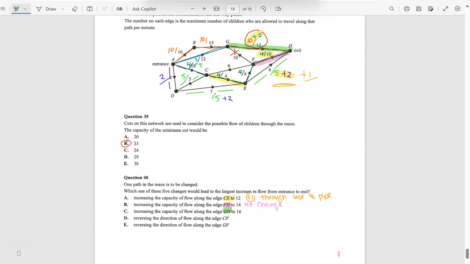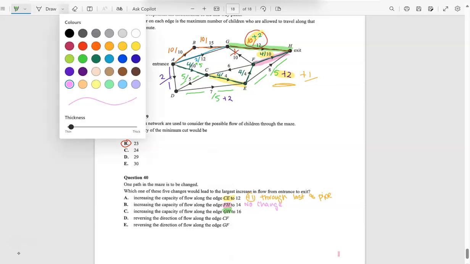If I look at increasing capacity G and H, so G and H to 3. Now, if you look, to 16, that will add, because I've already got 12 going in there. So here I've got 10 came through. So I've got 5 extra I could put through, but I'm only at 12. So what I'm talking about here is the green.